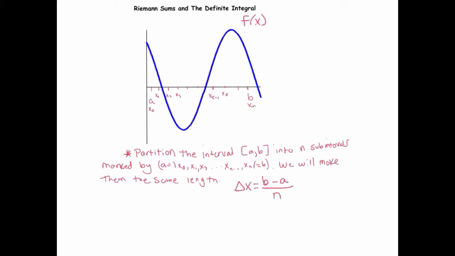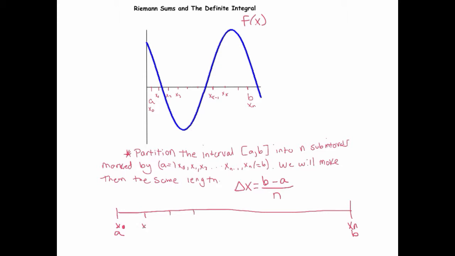I'm going to zoom in on that number line a little bit just so we can get a better picture here. This is x naught, which is also known as a. This is x sub n, which is also known as b. And I'm just breaking this up into equal subintervals.